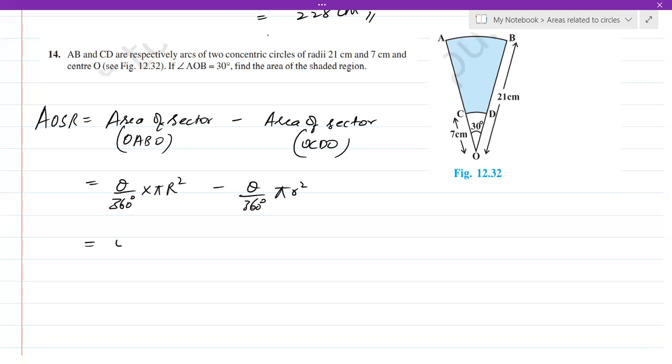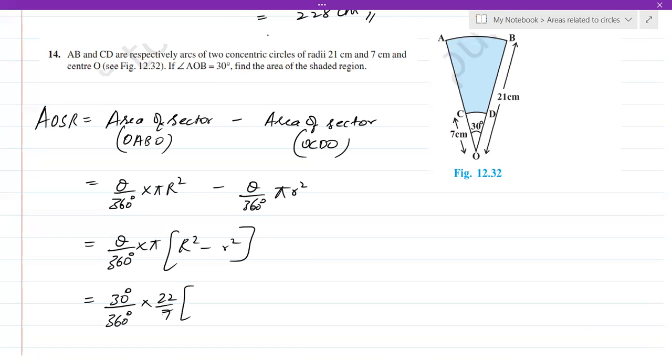So here we can take theta by 360 degree into pi as common. So we'll be left with capital R square minus small r square. So theta value, as it is given in the question, is 30 degree. 30 degree by 360 degree into pi value is 22 by 7. Capital R from the figure is 21. So 21 square minus small r is 7 square. So here we can use a square minus b square. So 30 degrees by 360 degrees into 22 by 7.